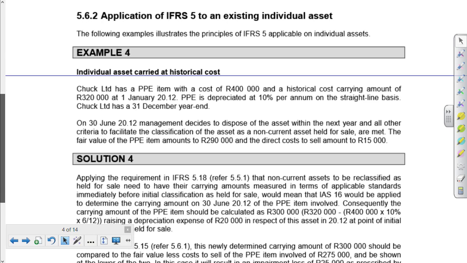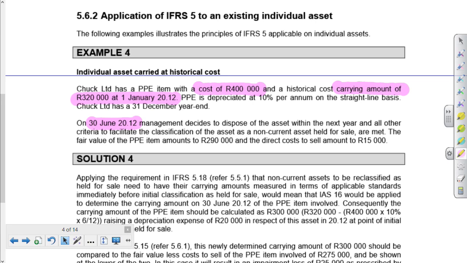They, at 30 June, halfway through the year, management decided to dispose of the asset, and all the criteria are met. Remember I said to you they would usually tell you. The fair value of the item is 290, and direct costs to sell are 15.